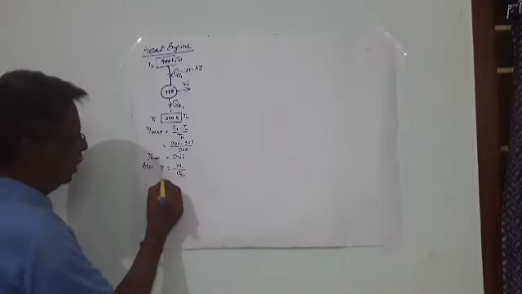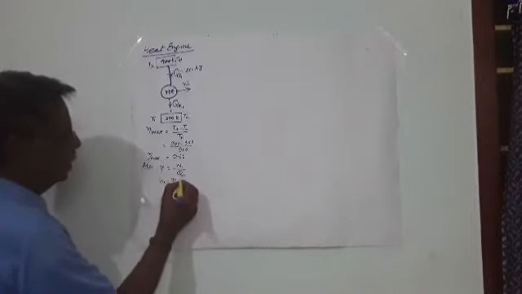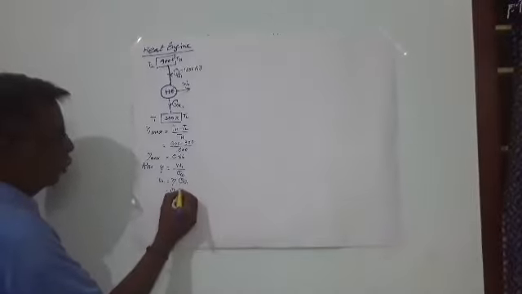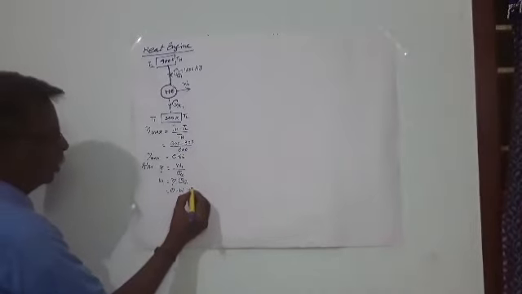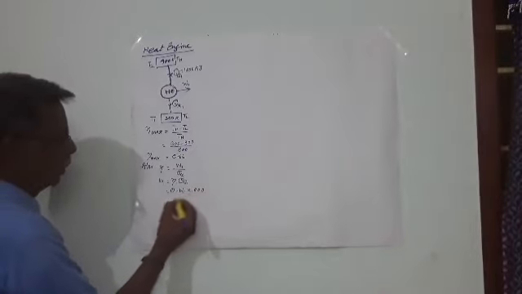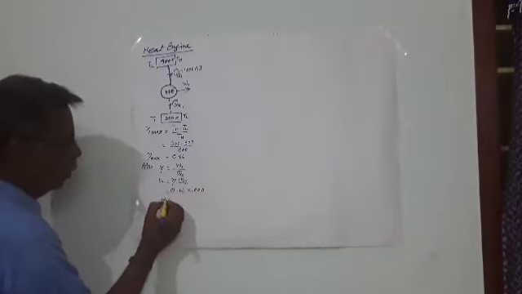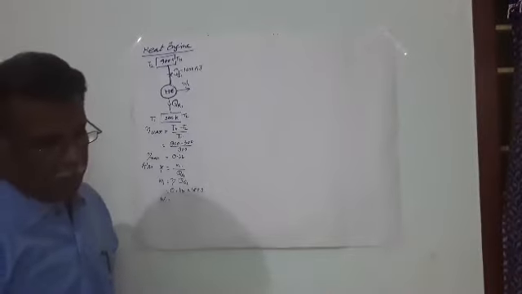Then W1 is equal to efficiency times QS1. So the maximum efficiency, the Carnot efficiency, 0.66, multiplied by the heat supplied to the heat engine, 1800, is equal to W1, the work output we obtained from the heat engine.